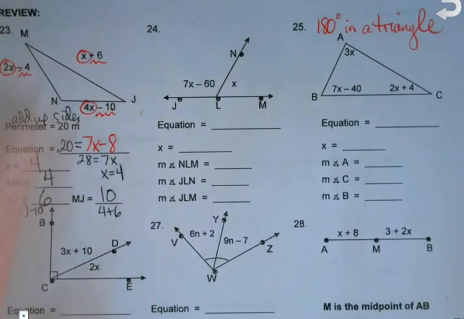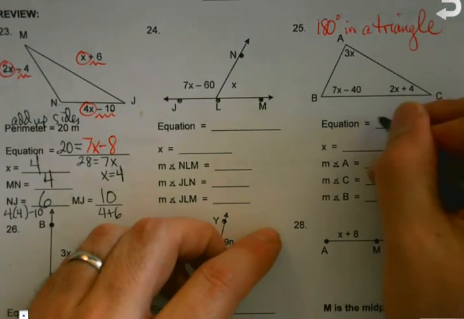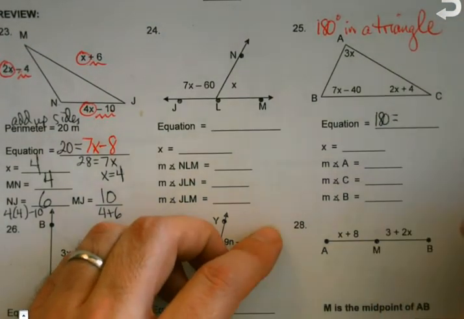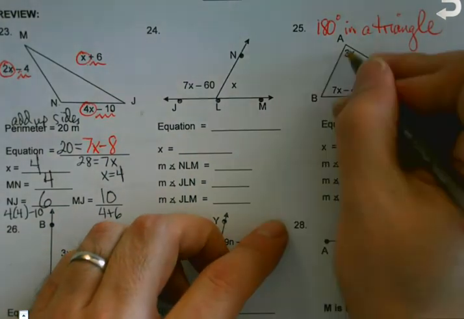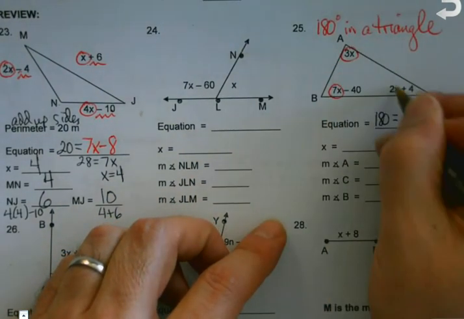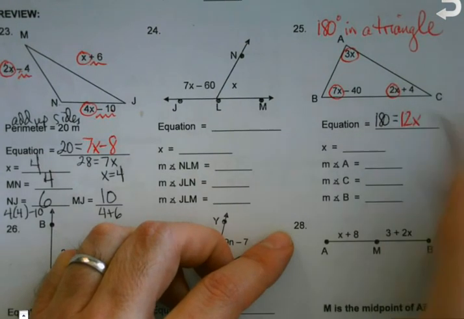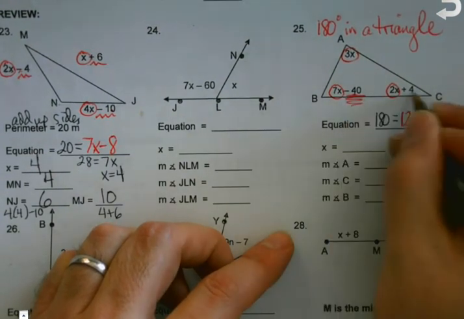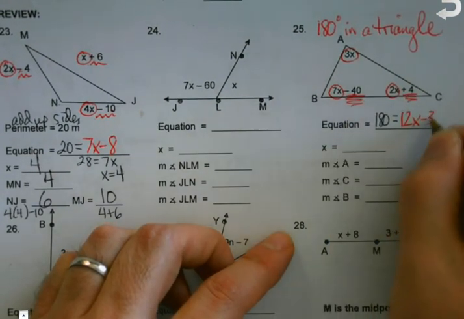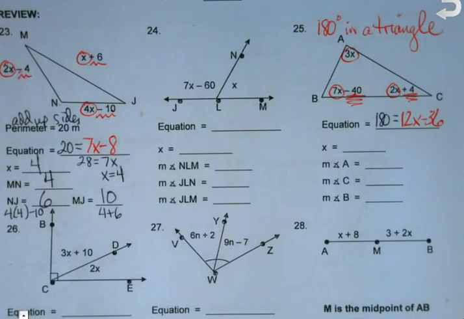So, when I go to do this, I have 180. And just like we did over in 23, I'm going to combine my like terms. And then I'm just going to solve that equation, and that'll give me my x so I can find out all my angles.